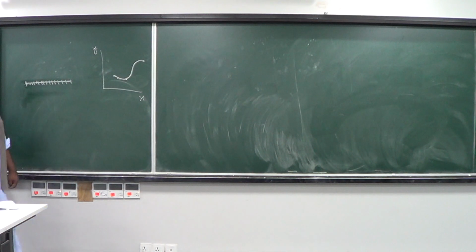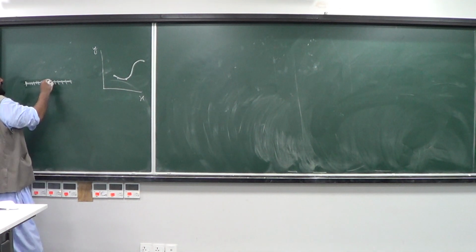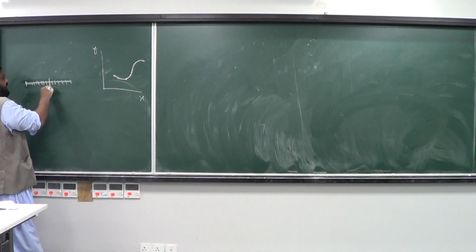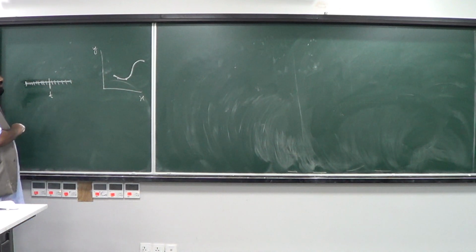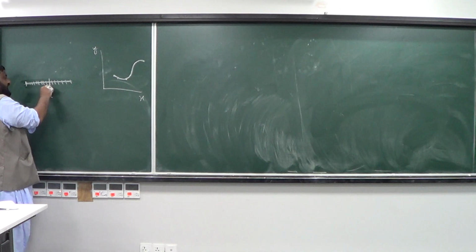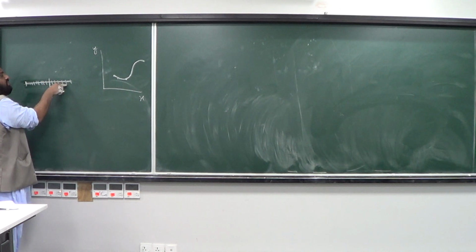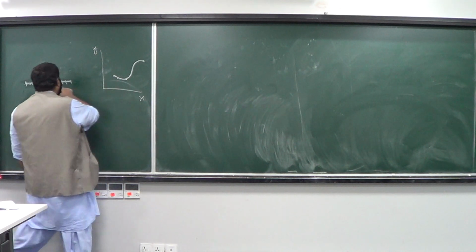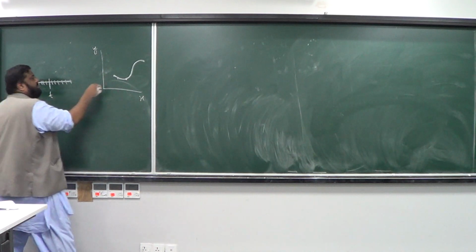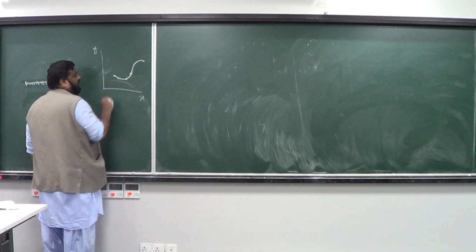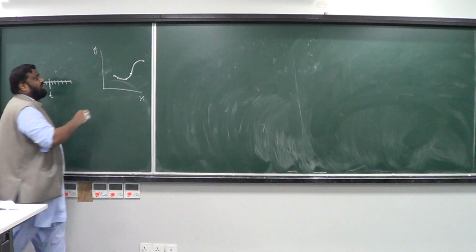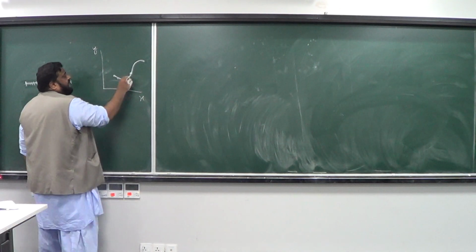You're going to get a curve in the xy plane. If I take an arbitrary time, let's call it t, at this instant when the clock was showing this time, the particle was at some location here.